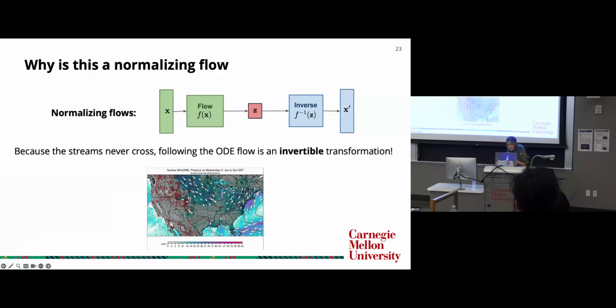If you just follow the wind, you're guaranteed to get from one point to the other, deterministically. And because this process is deterministic, if you follow this flow, you get an invertible transformation because everything is deterministic.